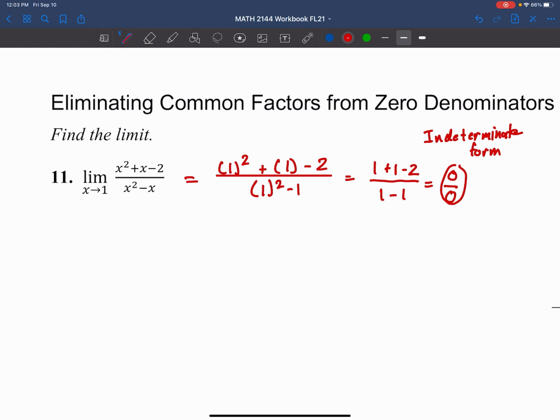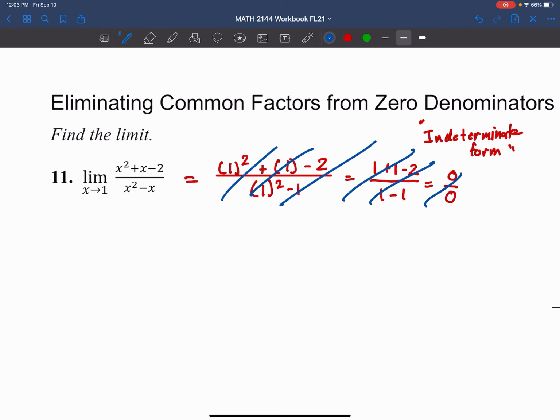So 0 over 0, let me actually not circle that, because that is not the limit. 0 over 0 is not a number. So it's something known as an indeterminate form. So unfortunately, we just kind of have to cross out this part. That did not get us the limit.